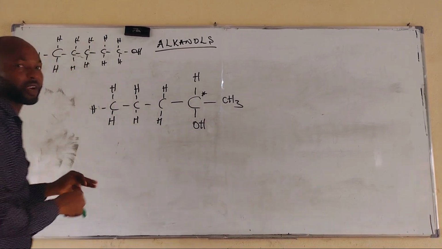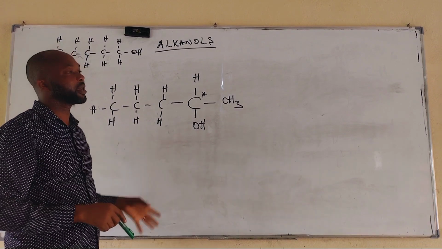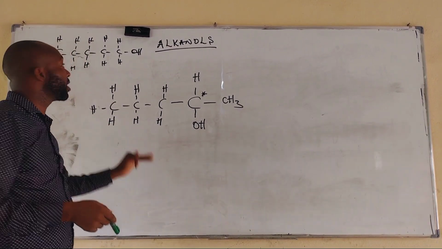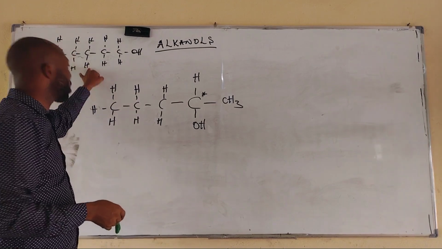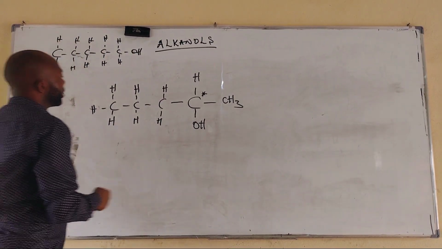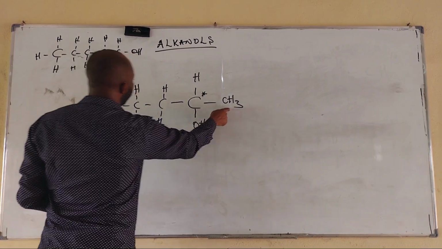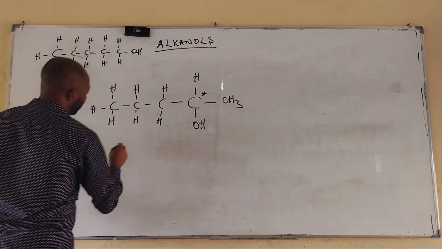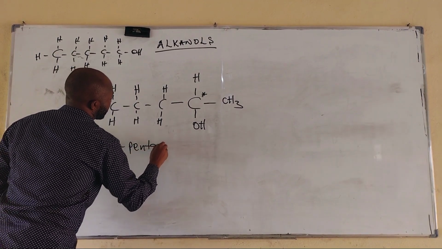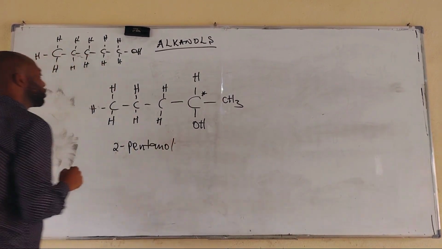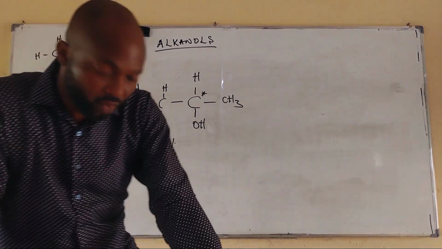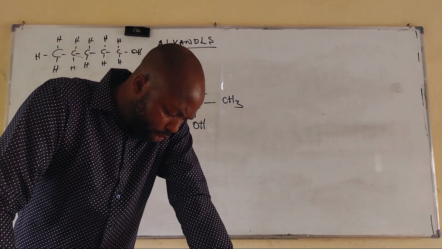So it's isomeric. So this is the structure they ask us to write, which is isomeric with pentanol, but is optically active. So now what's the name? This is 2-pentanol. It is isomeric. Let's move on.